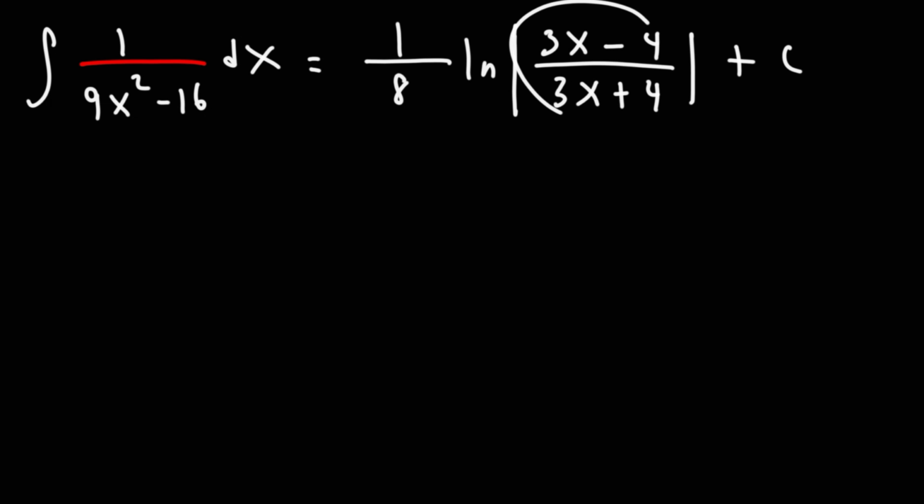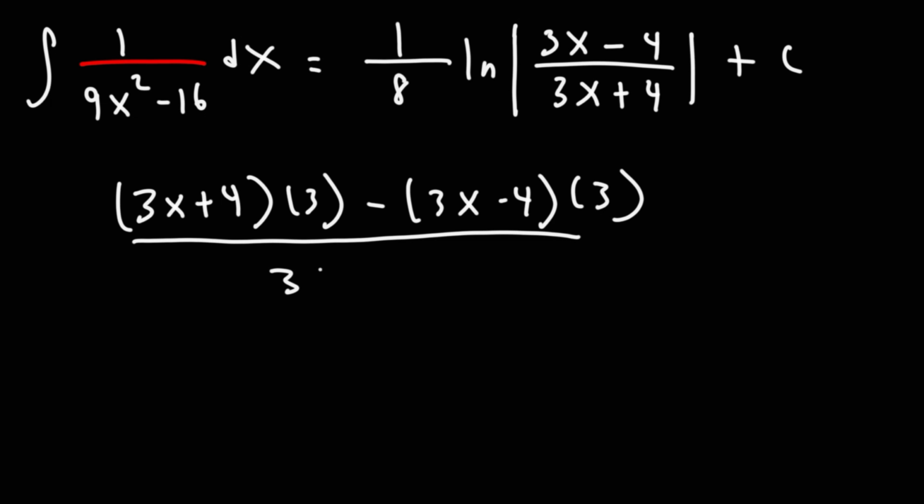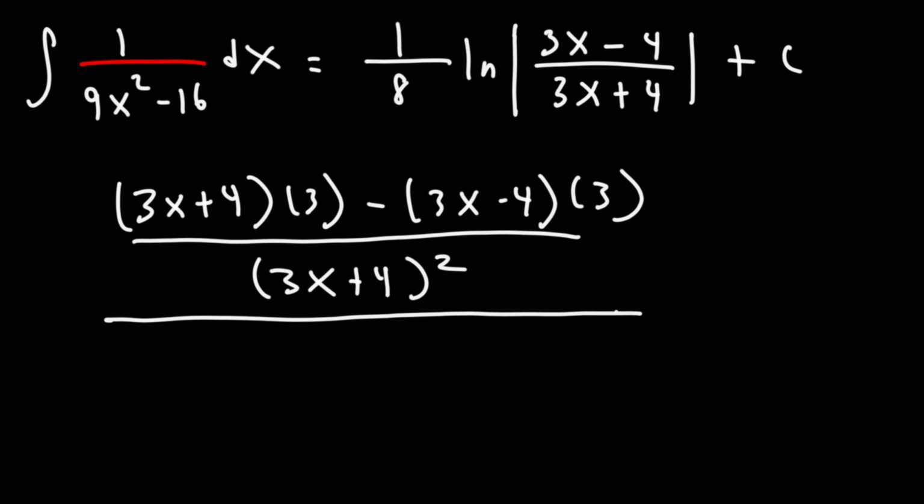Alright, let's find the derivative of this using the quotient rule. So it's going to be g is 3x plus 4, times f prime, which is 3, minus f, that's 3x minus 4, times g prime, which is 3, over g squared. And then all of that is u prime, divided by u, which is basically what we have inside.